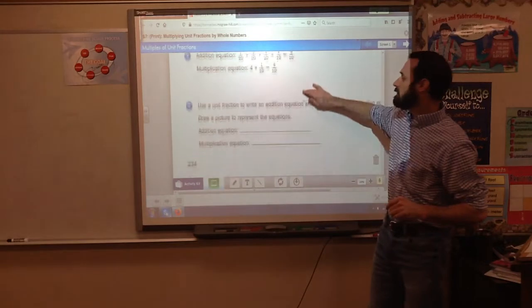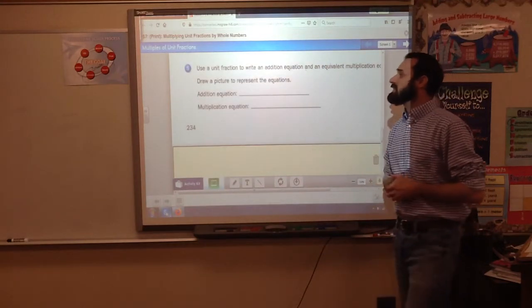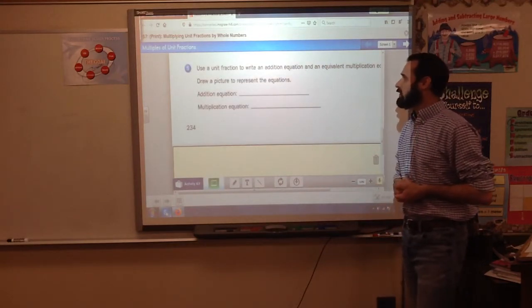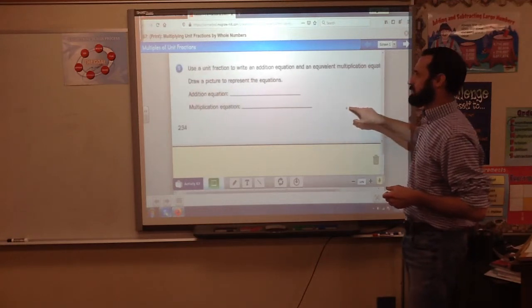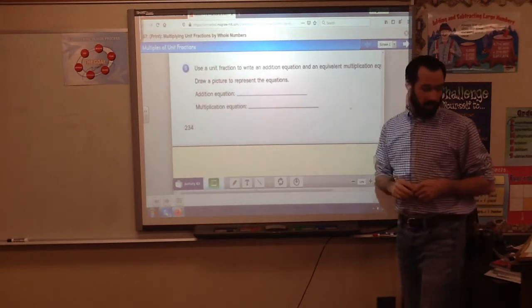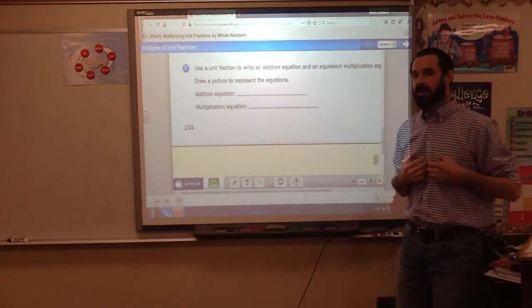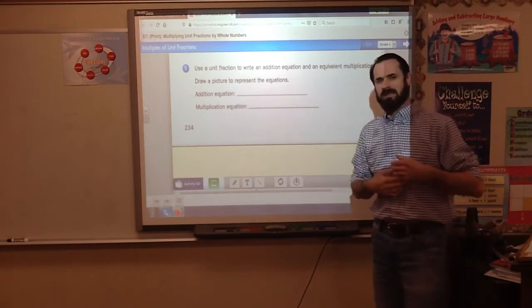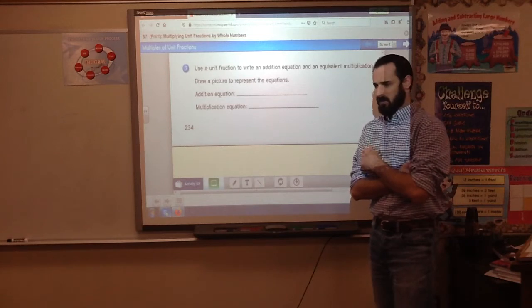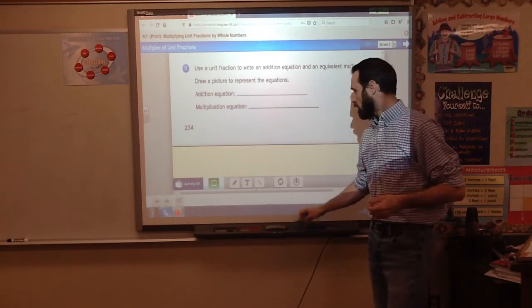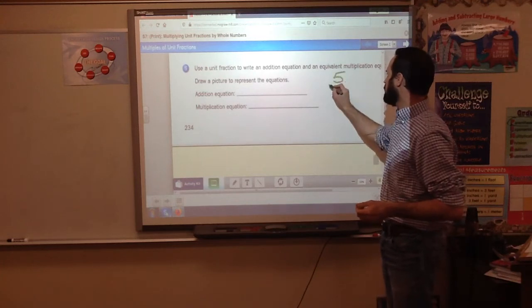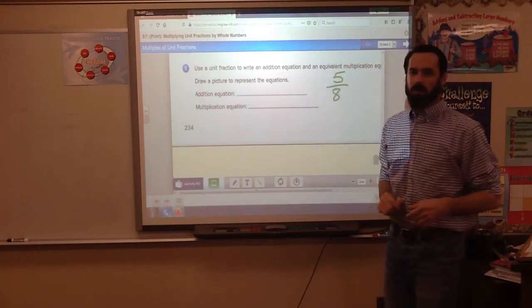Number 5. Now we're using unit fractions to write an addition equation and an equivalent multiplication equation. On this one, you can do whatever you want, but because we're working together, why don't we do 5/8.